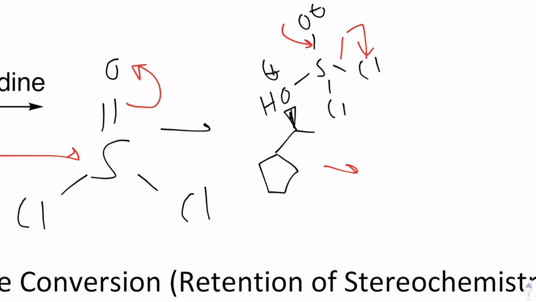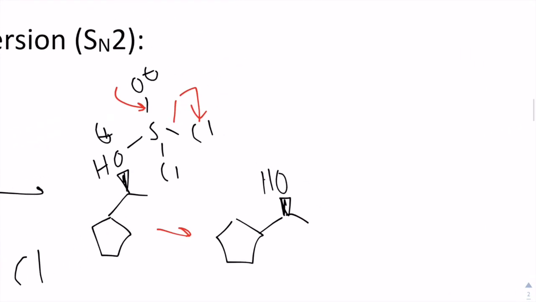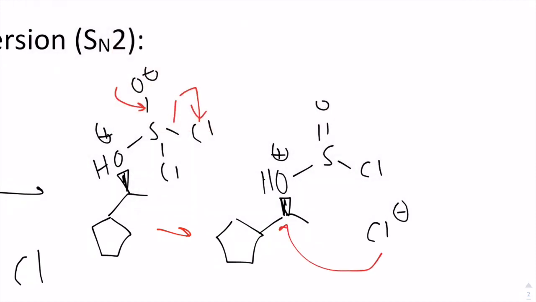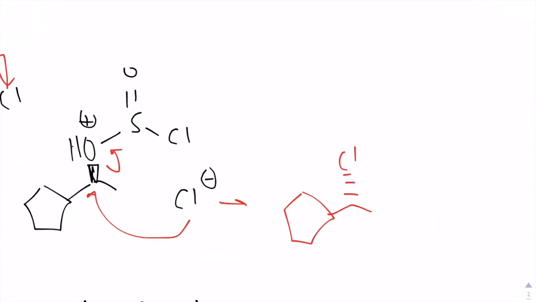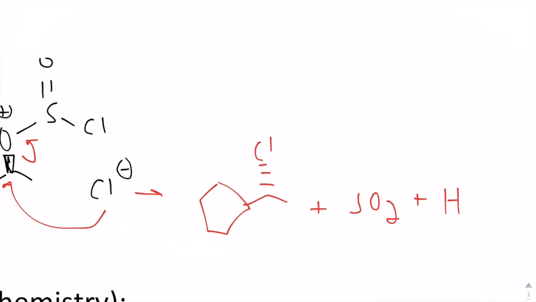So the result of these mechanistic steps would be, and now that chloride can do an SN2 reaction with this high energy intermediate, and the result would be this haloalkane, and you generate sulfur dioxide and HCl as your byproduct.